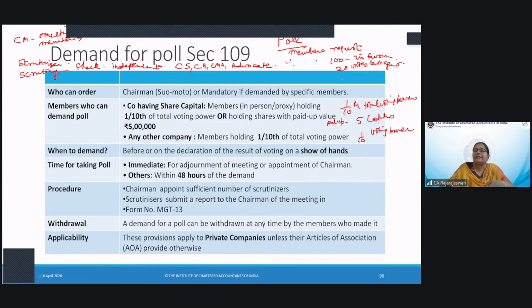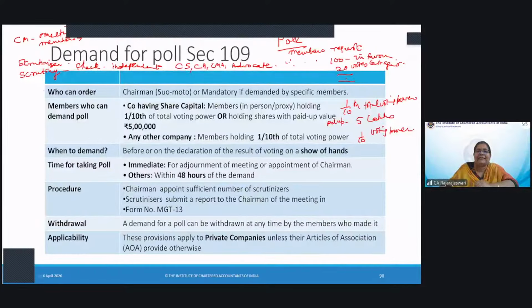Then the scrutinizer will say the resolution is deemed to have been passed. He will give a report: voting in favor is so much, voting against is so much, so it can be declared that the resolution has been passed. That is the duty of the scrutinizer.